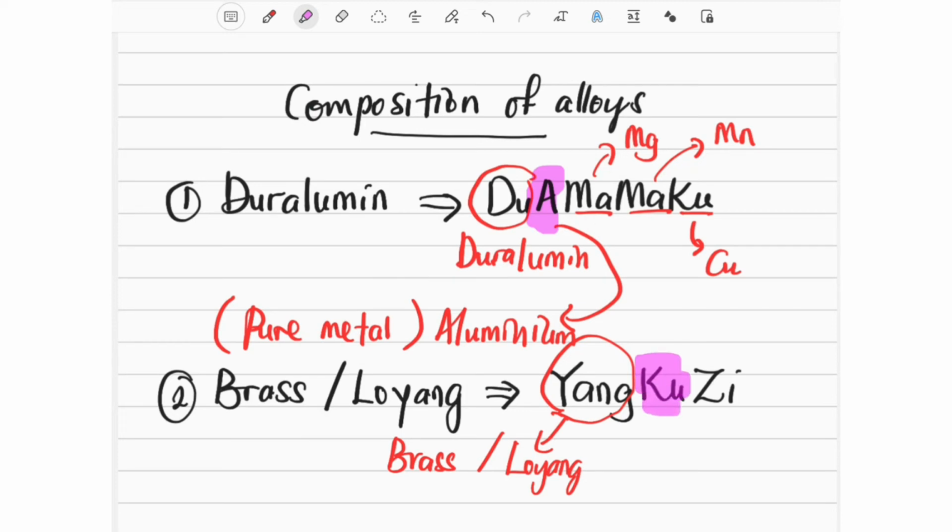Huruf selepas tu Ku, so maksudnya copper, ini dia punya pure metal. And Z, dia punya foreign atoms, zinc lah.